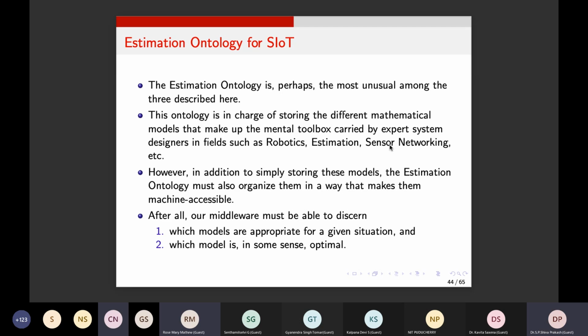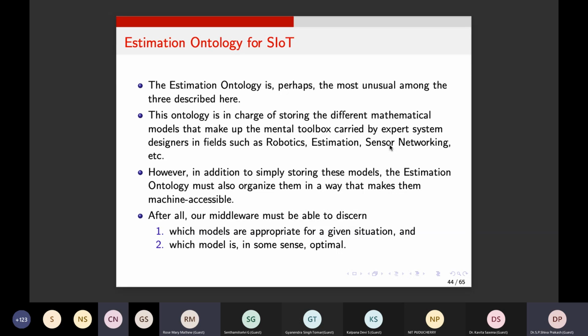So finally, our middleware should be able to find which models are appropriate for a given situation and which model is optimal, right?